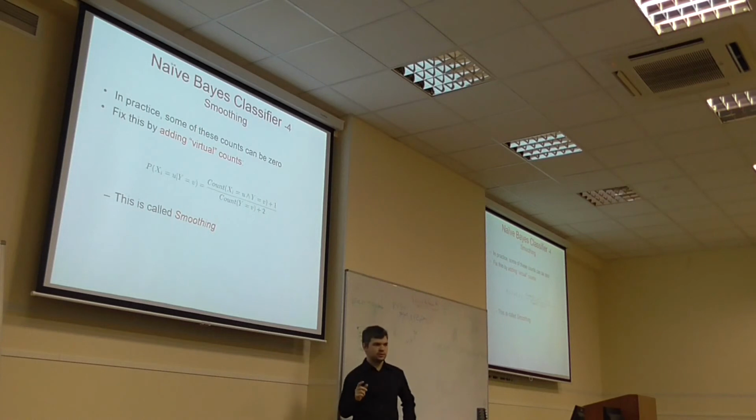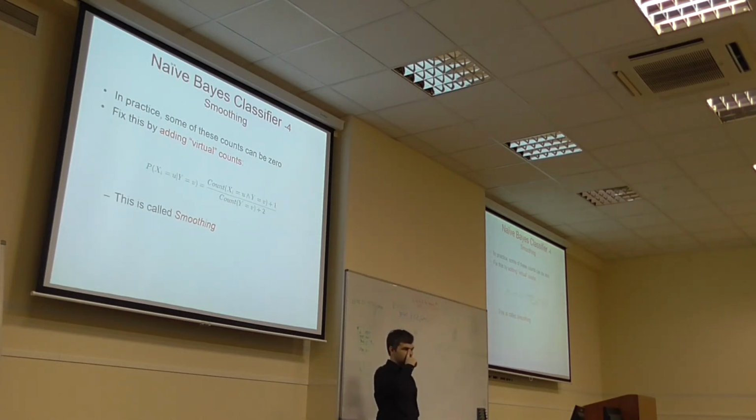Because if you don't smooth it, if you get some probability which is 0, it will make the whole multiplication 0, and then it will be too easy to decide that something is not that category, but in fact it could be. So is it clear why we need smoothing?